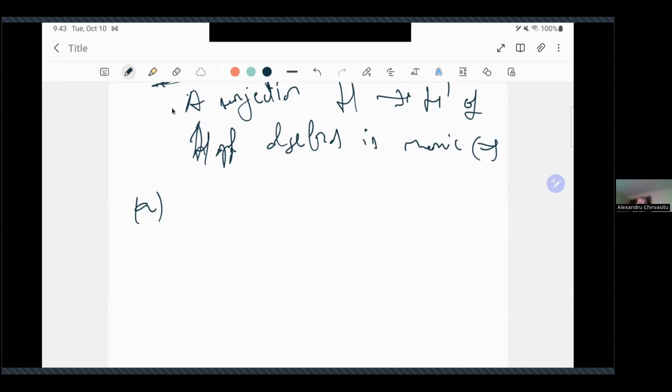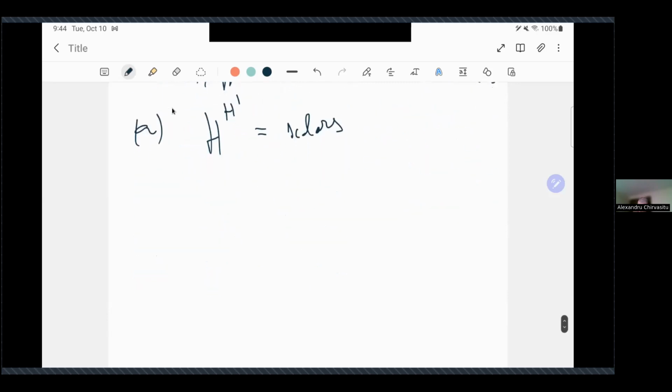Here's what A looks like at the level of Hopf algebras. You simply tell me that if you take H and consider the H prime coinvariants, those are just the scalars. Now, here's what I mean by H prime coinvariants.